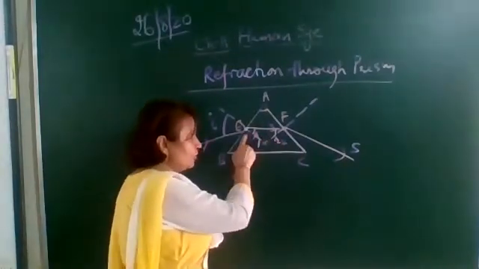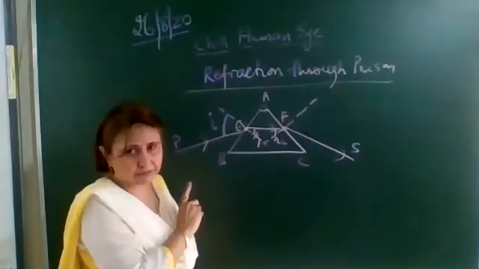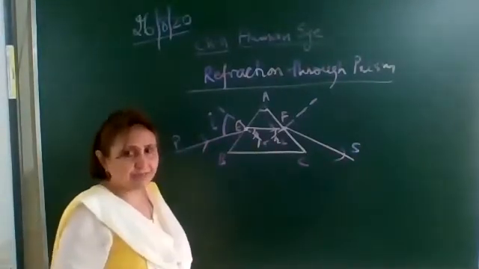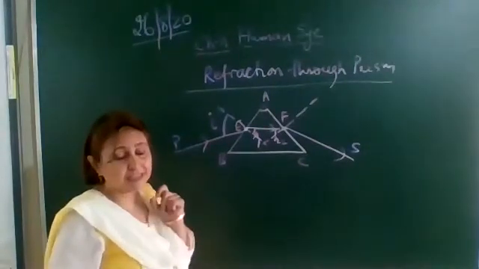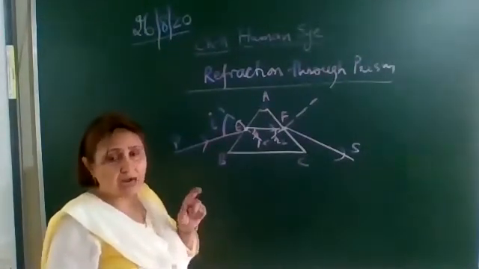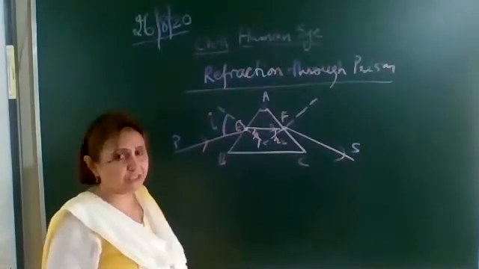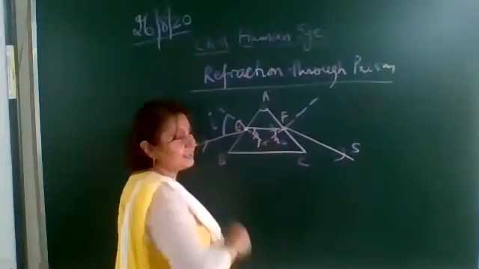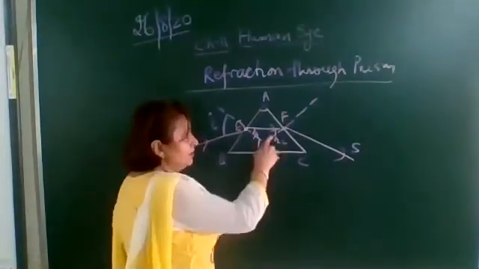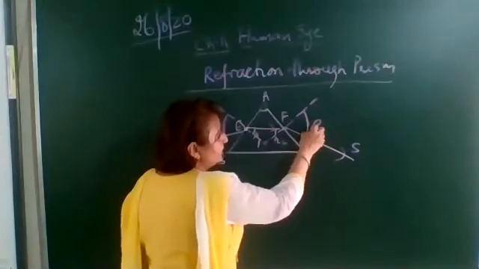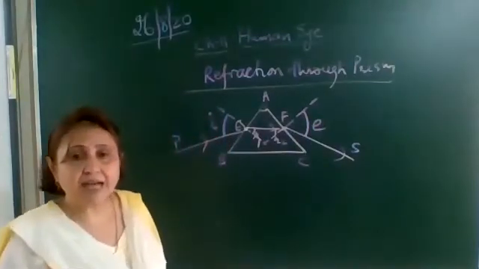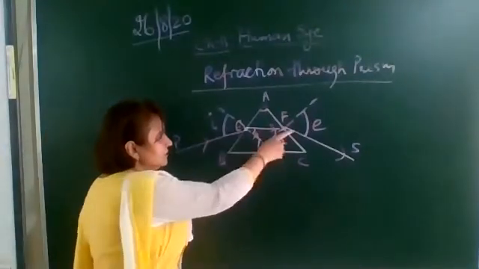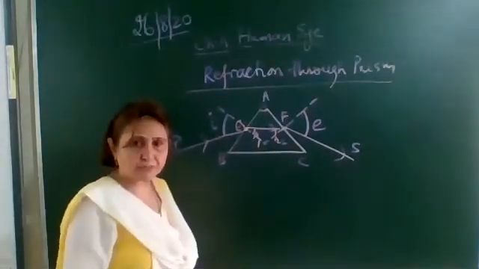This angle R2 will not be equal to R1. Only in one special case will it be equal to R1, like in the case of the glass slab, where we have seen that R1 and R2 are always equal. Here R2 will not be equal to R1. And this angle of the emergent ray, we call the angle of emergence. So these are the angles and the rays we have discussed.